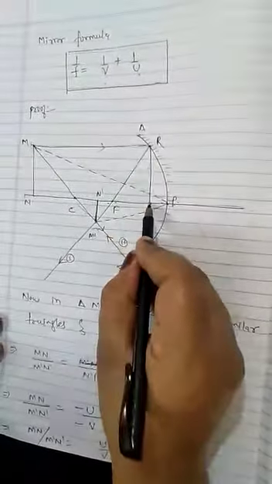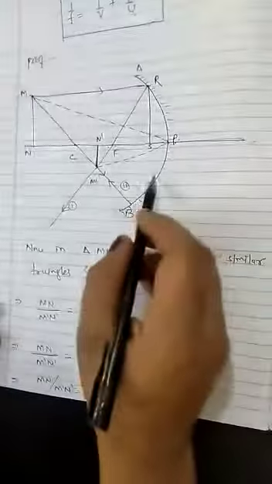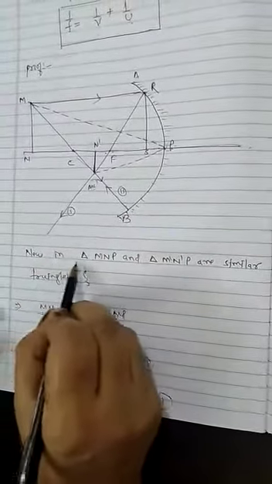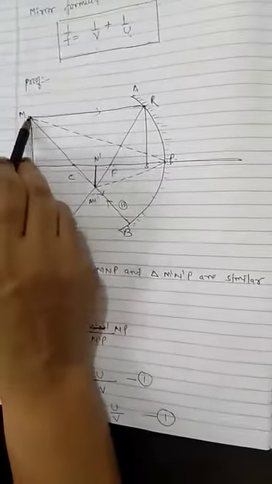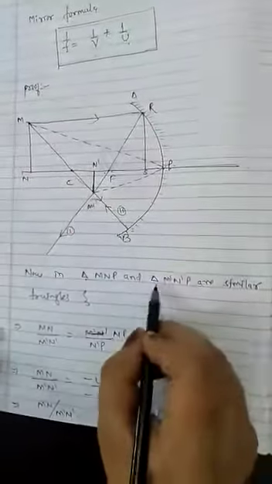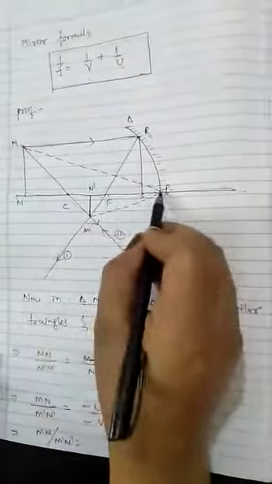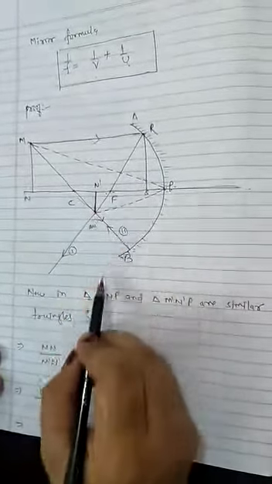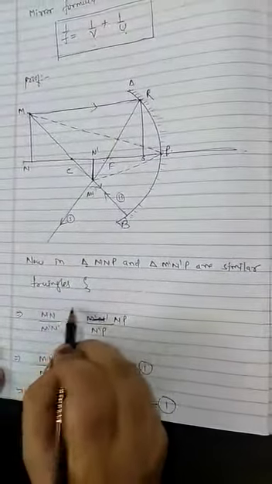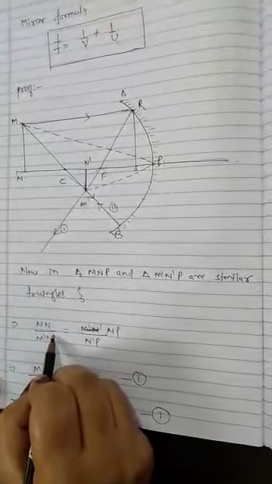Now we can see the first triangle is MNP, and the second triangle is M dash N dash P. These are similar triangles, and according to the property of similar triangles, the ratio of corresponding sides of two similar triangles is always equal.